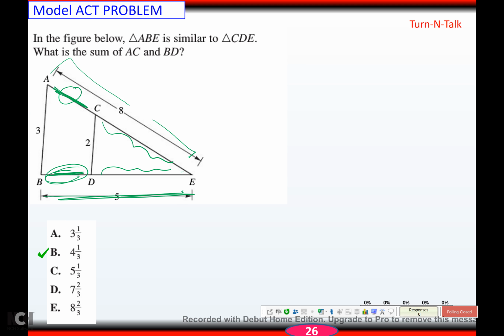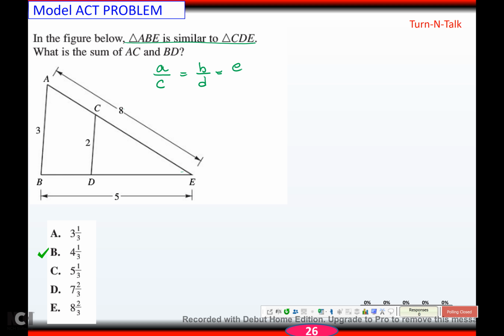And then I can add them together. So I'm going to have to figure out my sides, which this statement tells me that little a corresponds to little c, little b corresponds to little d, little e corresponds to little e. And we'll call this one E1 and this one E2, because you want the big over the small.